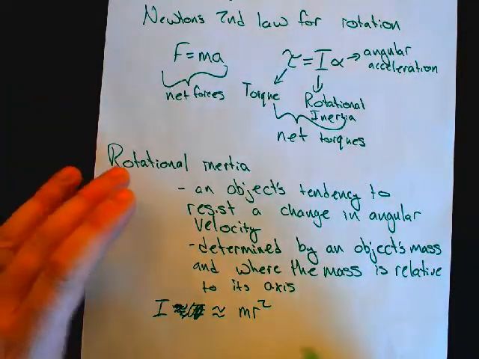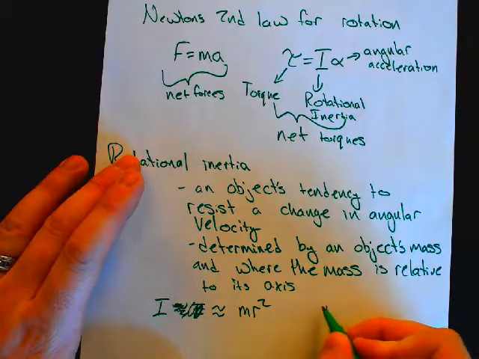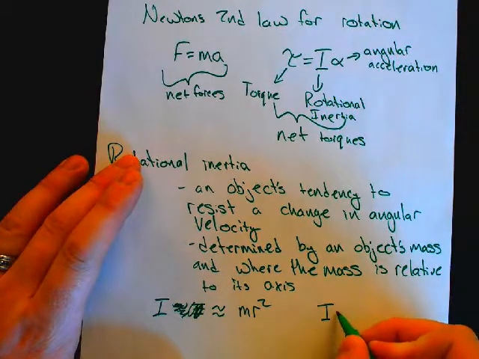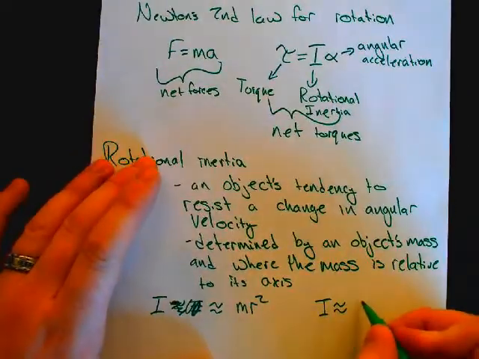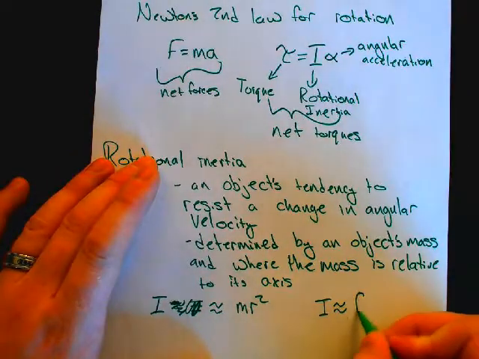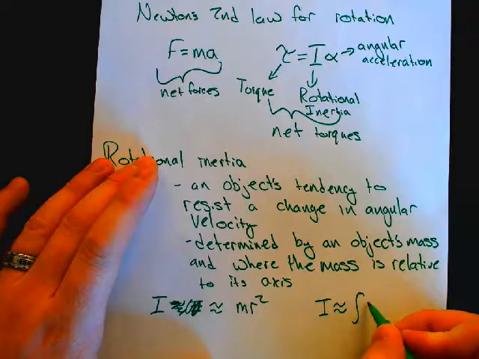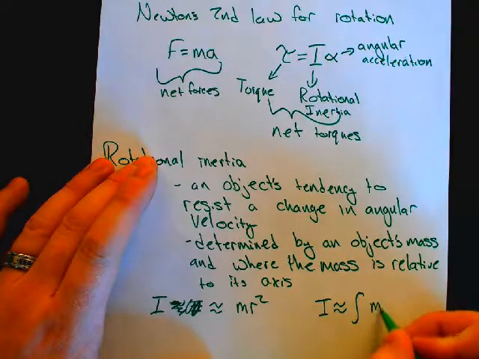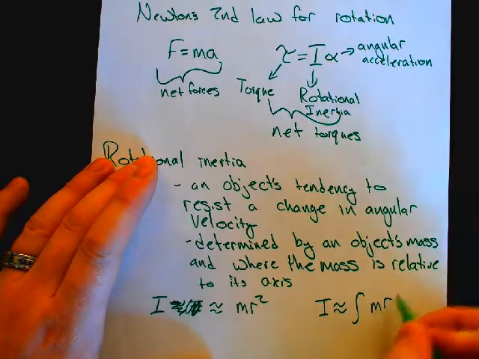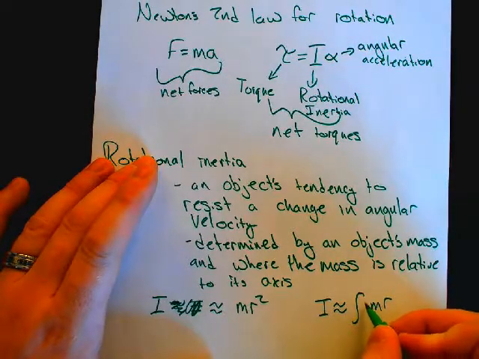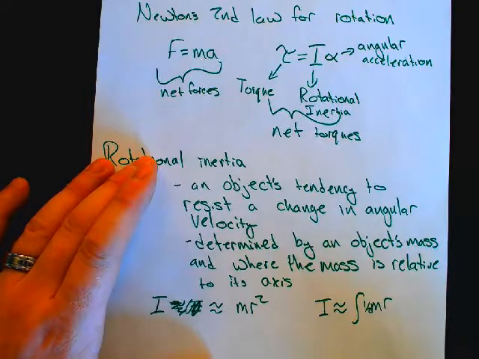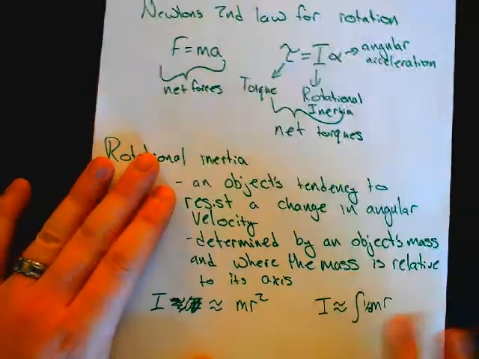Technically, calculus students, I is proportional to the integral of mr, and I believe it's like half mr. Why?